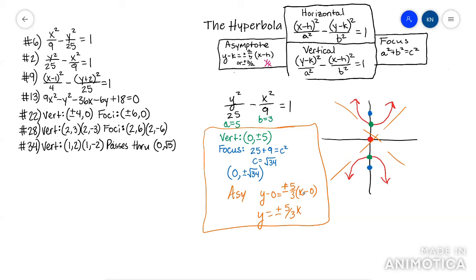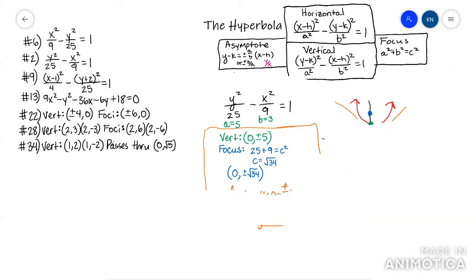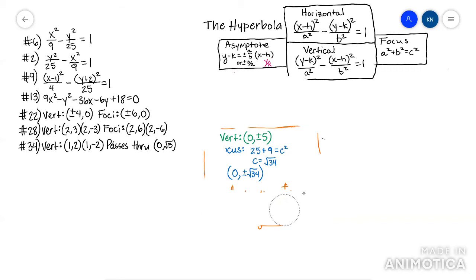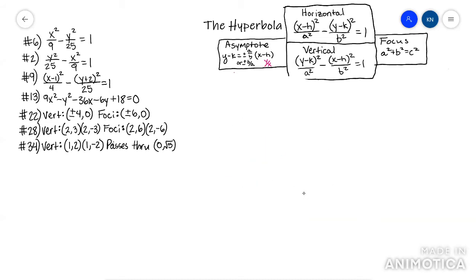Okay, moving right along to number 9. X minus 1 squared over 4 minus y plus 2 squared over 25 equals 1.